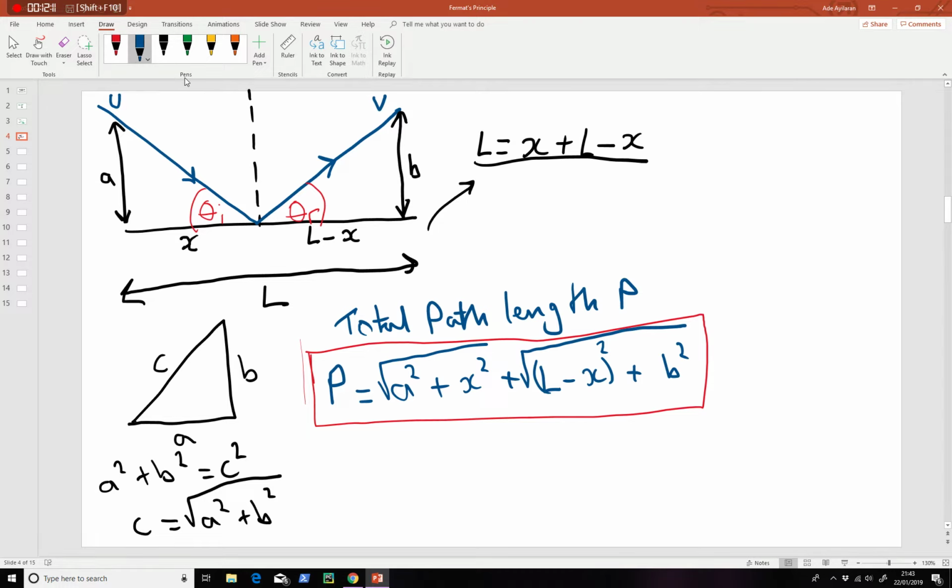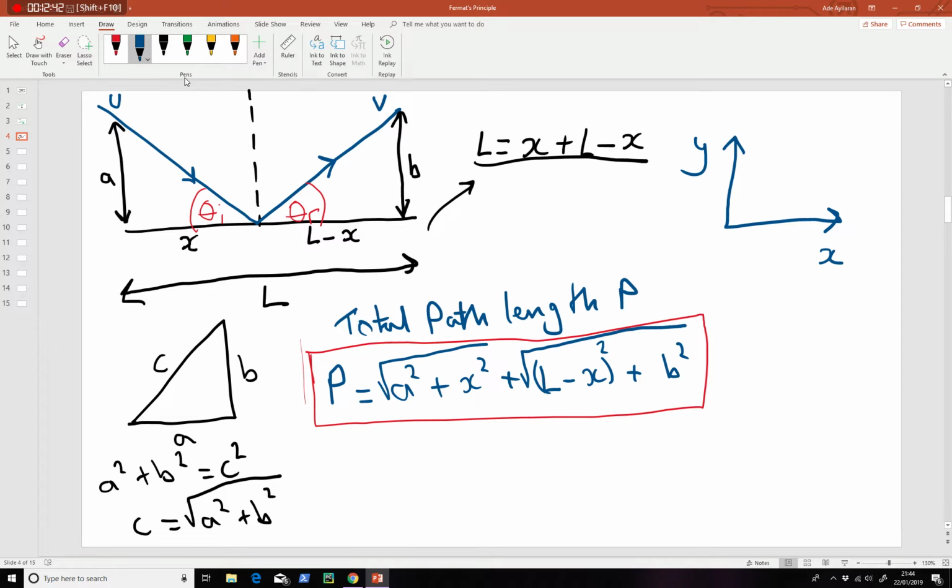So, x. If I define my coordinates as x horizontally and y vertically, then in order to find out how this path changes, I am going to find the rate of change of this function with respect to x, the horizontal distance.